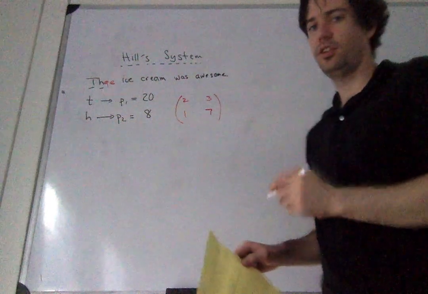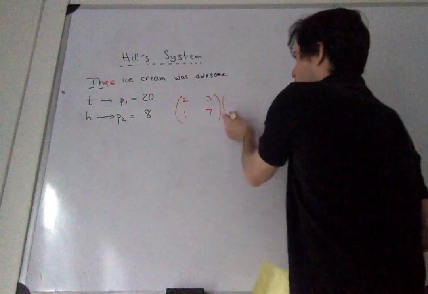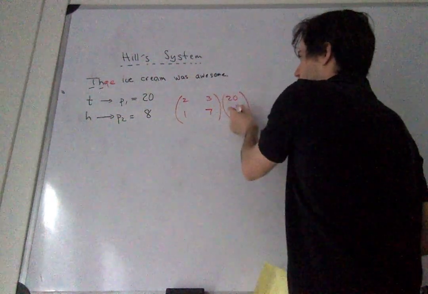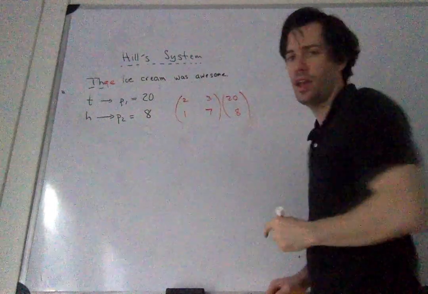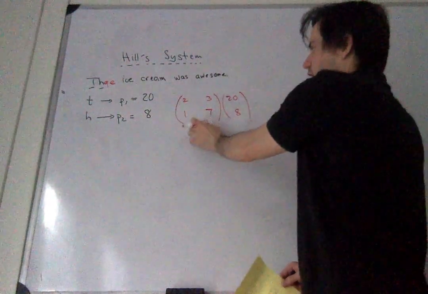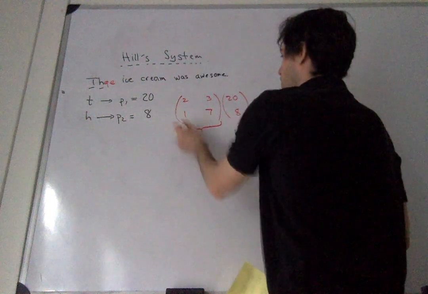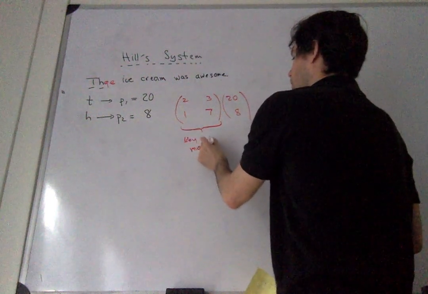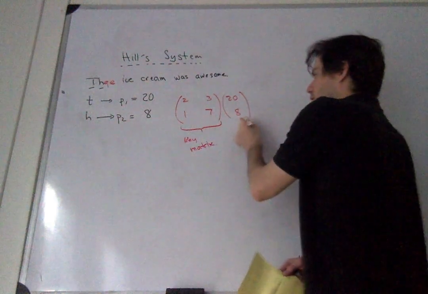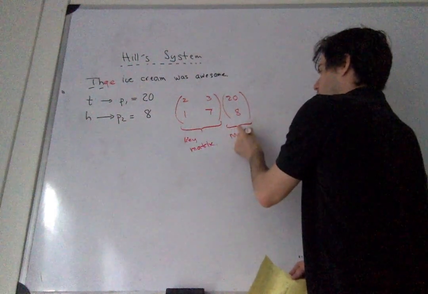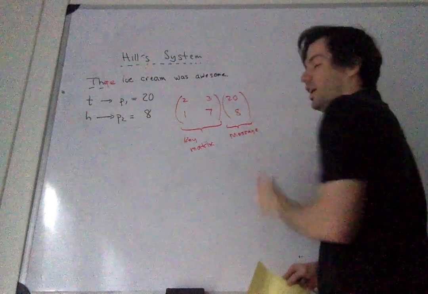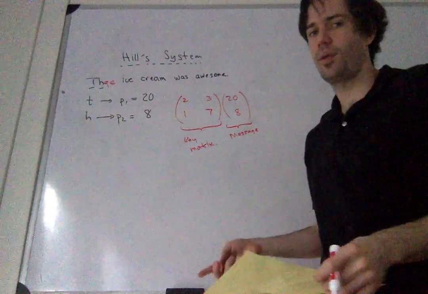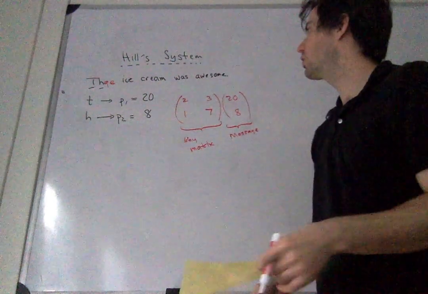This will make sense in just a little bit. But the idea is we're going to take those positions here, 20 and 8, and we're going to multiply our key matrix. So this is our key matrix, right? And here's our message. Well, it's not our message, but it's the first part of our message. And we're just going to keep repeating this.